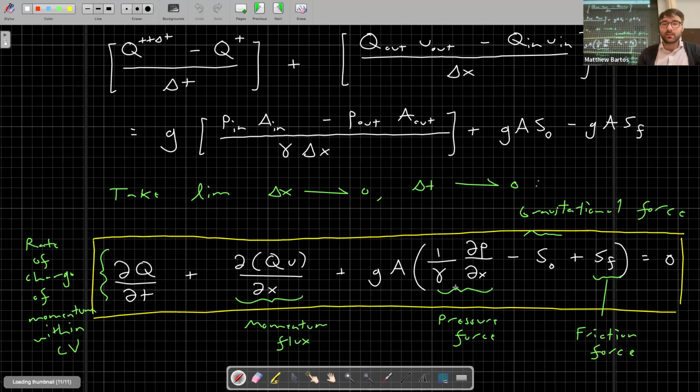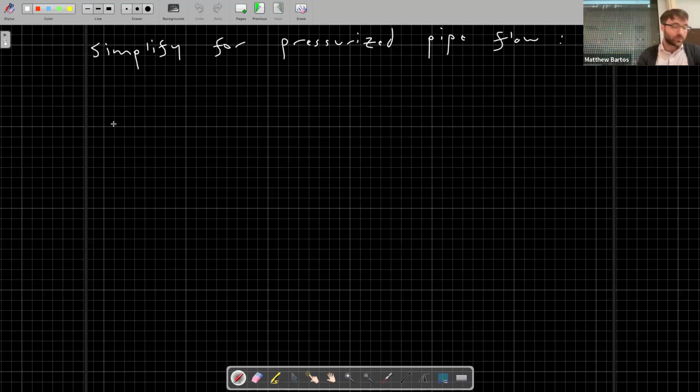So first, let's take a look at these terms. Let's take a look at the momentum flux term first. So we have d(Qu)/dx. Does anyone remember the product rule from calculus? What would this become if we apply the product rule? Yes, that is correct.